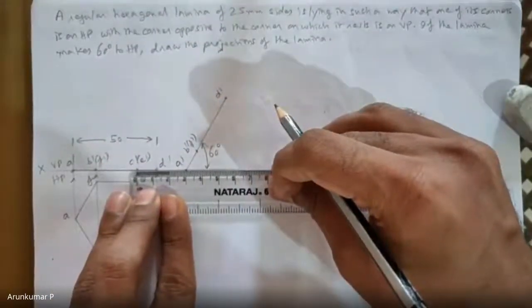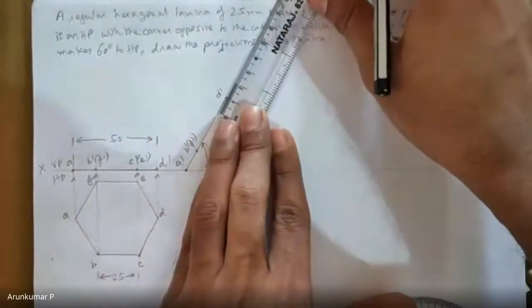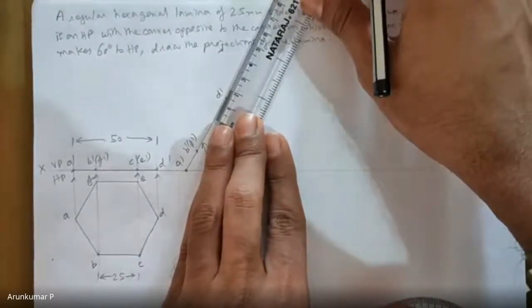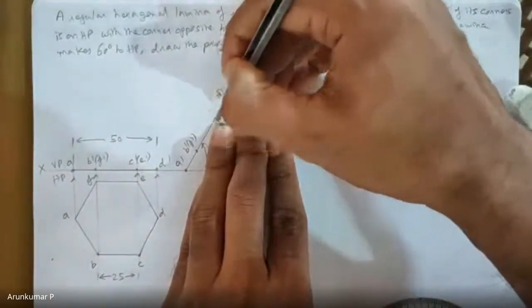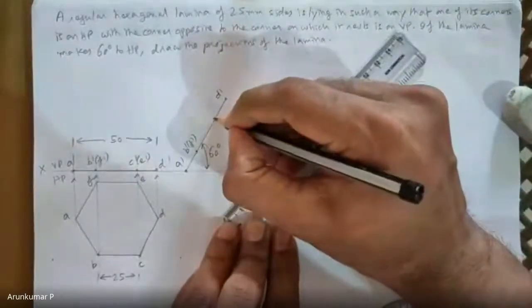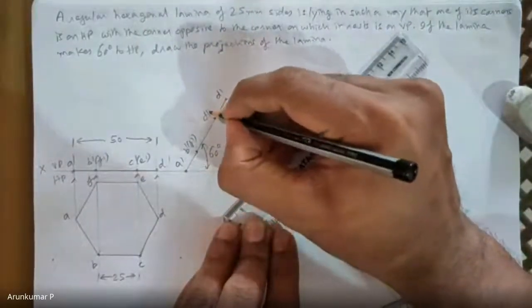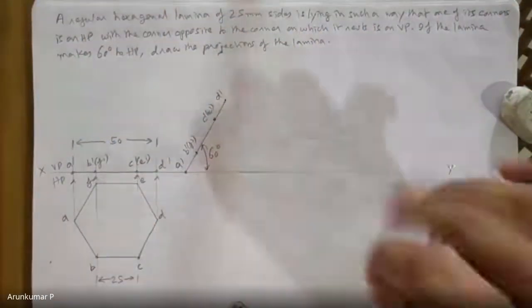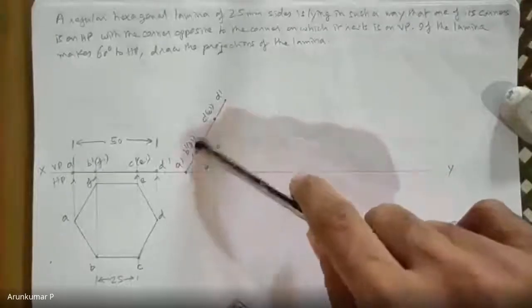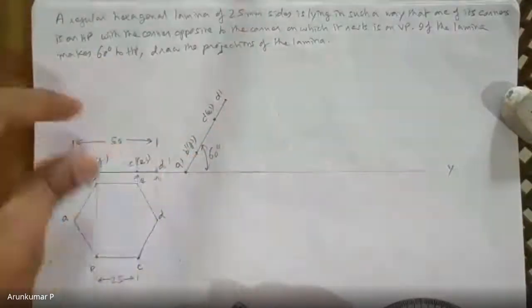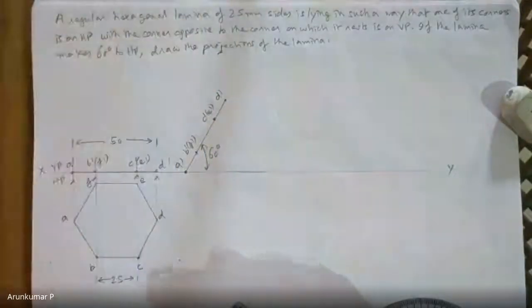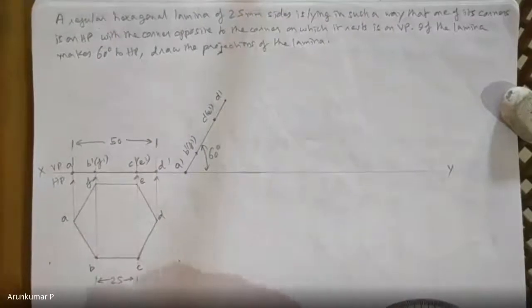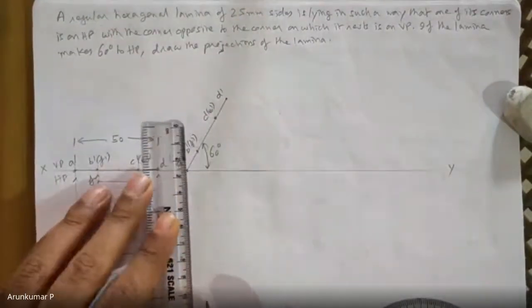B dash, F dash, this also would be 14. So either you can use the scale and locate these distances, or you can take a rounder, measure this distance and cut it here, measure this distance and cut it here. It's up to you. Whatever you're comfortable with, you can go ahead.